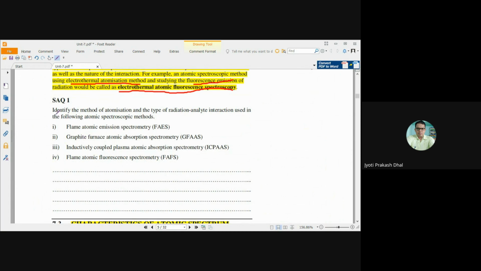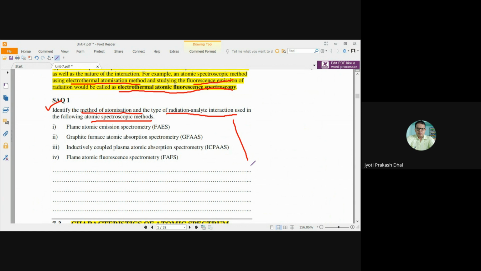For example, in one question: identify the method of atomization and the type of radiation-analyte interaction using the following atomic spectroscopic method. So here there can be 15 possible atomic spectroscopic methods.